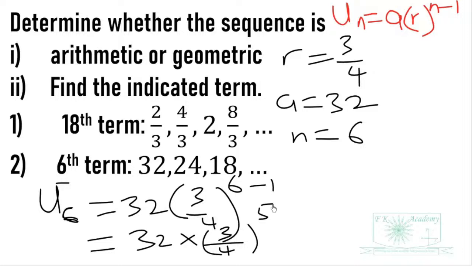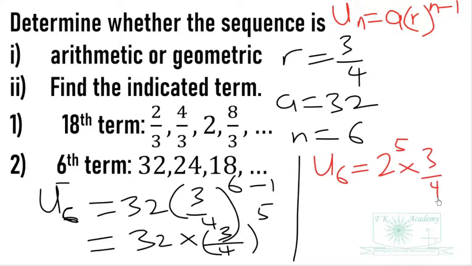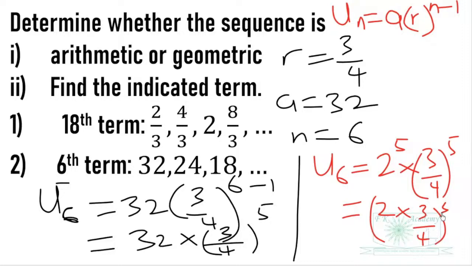So let's simplify. 32 is the same as 2 exponent 5. So u sub 6 is equal to 2 exponent 5 times 3 over 4 exponent 5. This is going to give me 2 times 3 over 4, all exponent 5.